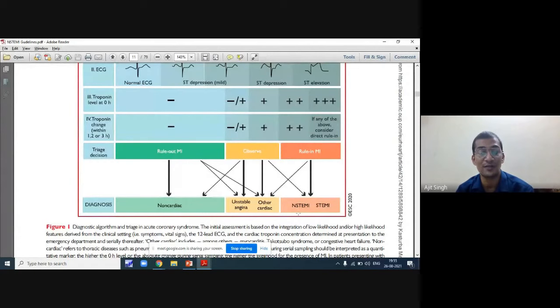But if it is NSTEMI or STEMI, you should definitely go for intervention. That intervention could be PCI, percutaneous coronary intervention, or PTCA with drug-eluting stents, or it could be bypass surgery, CABG. In that case, definitely you need further treatments.